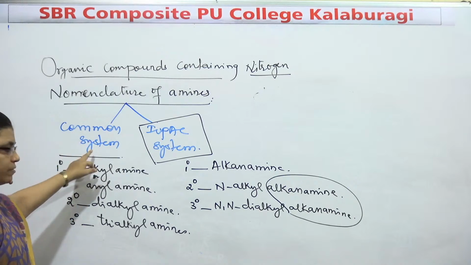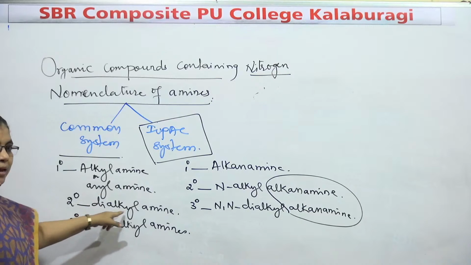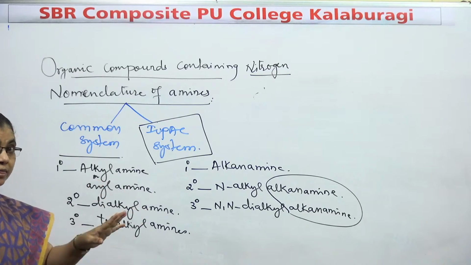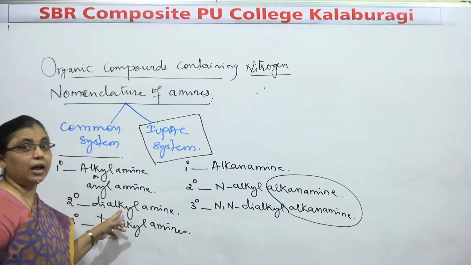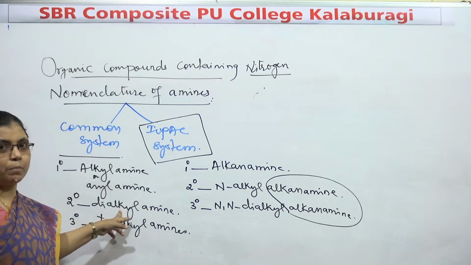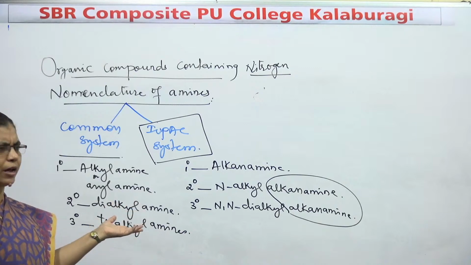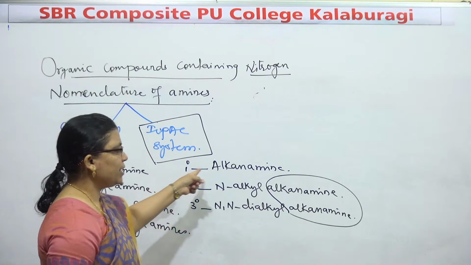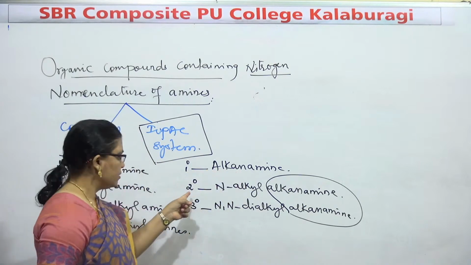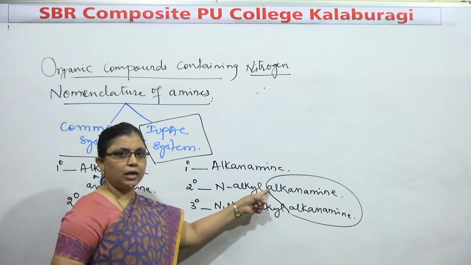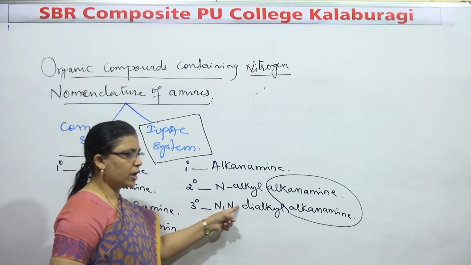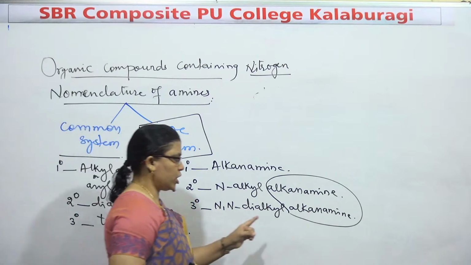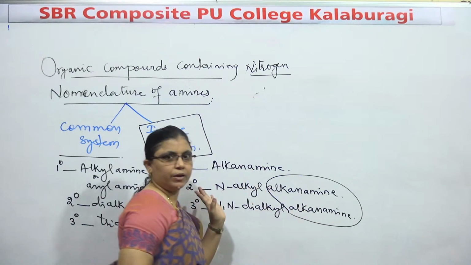According to the common system, secondary are named as dialkyl amine, tertiary as trialkyl amine. Even if they contain aryl groups, they may be simple amines or mixed amines, as we said earlier. Same way for the IUPAC system: primary amines are alkanamine, secondary are N-alkyl alkanamine, and tertiary are N,N-dialkyl alkanamine. The longest chain should be the parental chain. That we need to remember.